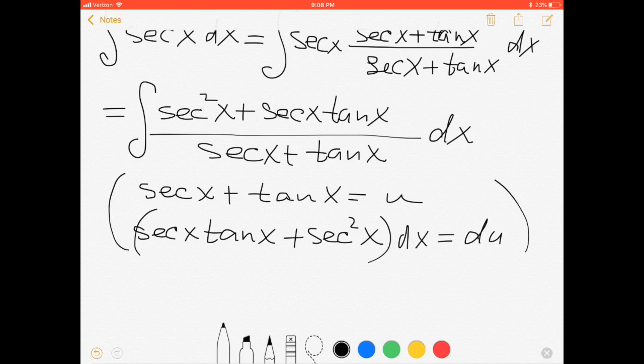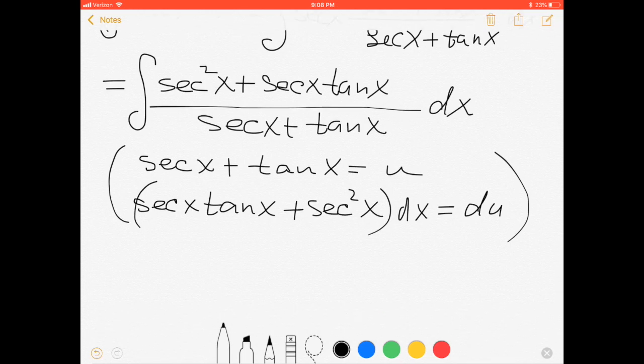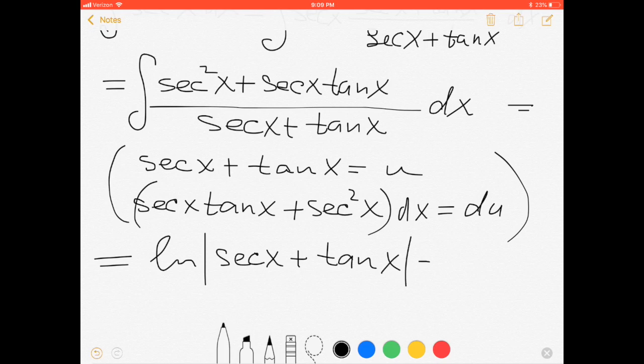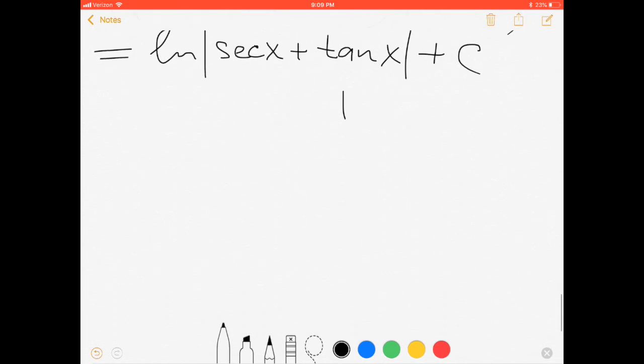But if you look at your integral, it's exactly your numerator. This means we have natural log of the absolute value of secant x plus tangent x plus c. We use absolutely the same technique.